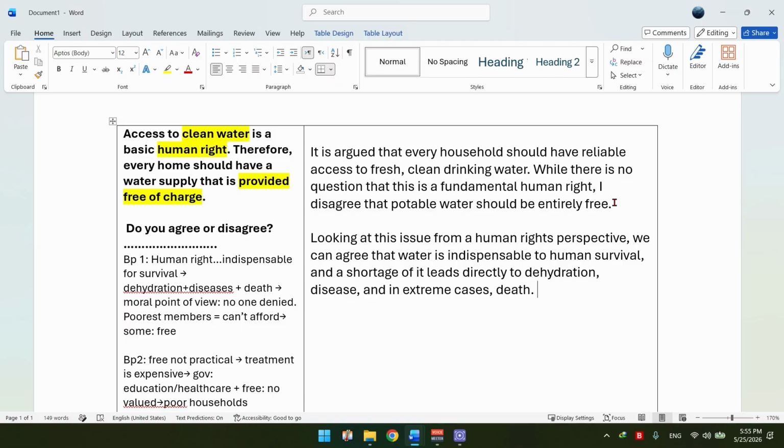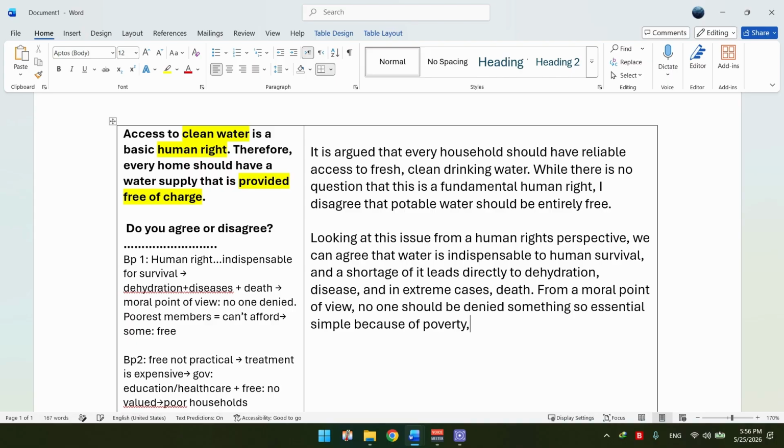So from a moral point of view, no one should be denied something so essential simply because of poverty, geography, or political neglect.